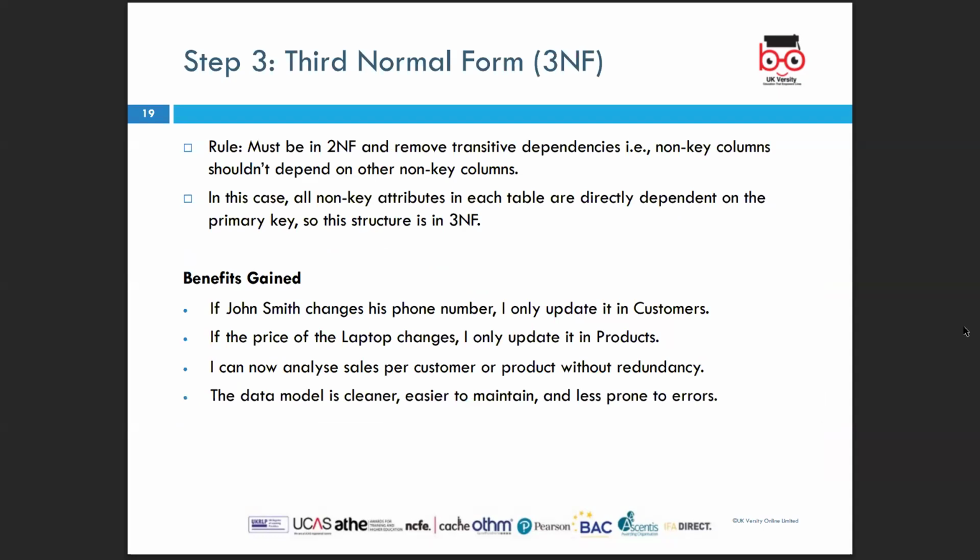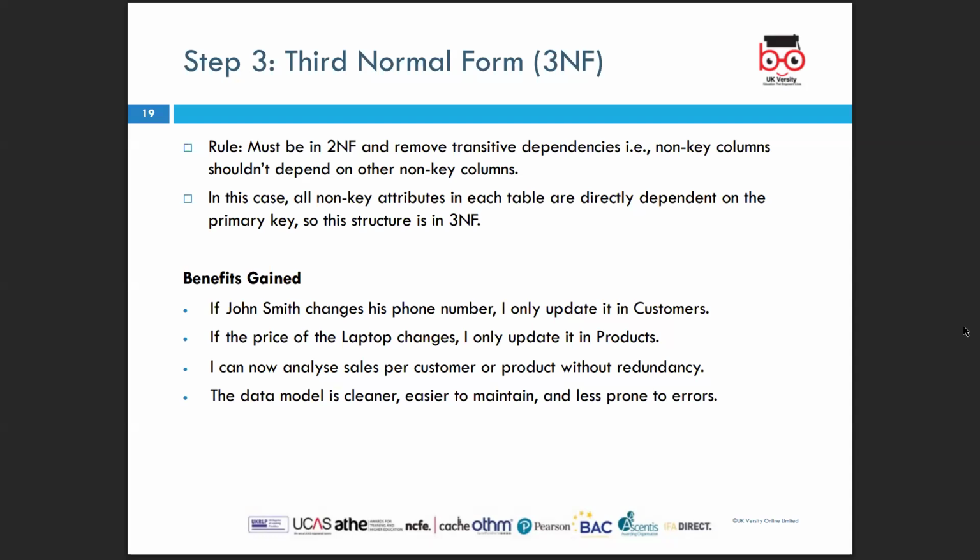Third normal form must be in second normal form and remove transitive dependencies, so non-key columns shouldn't depend on other non-key columns. In this case, all non-key attributes in each table are directly dependent on the primary key, so this structure is in third normal form.